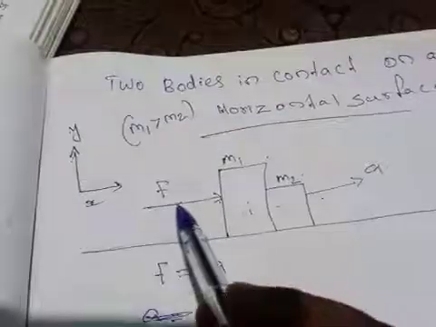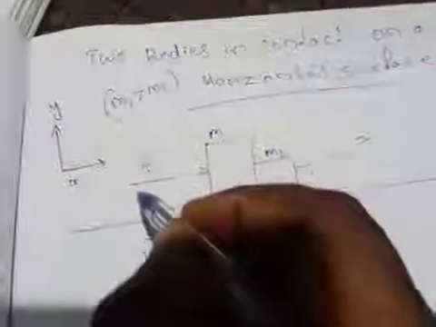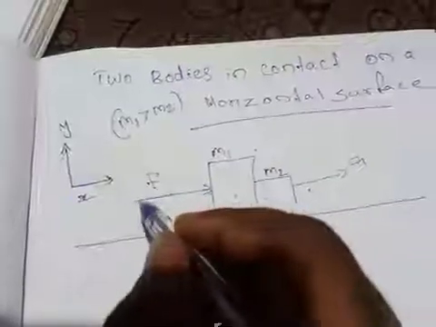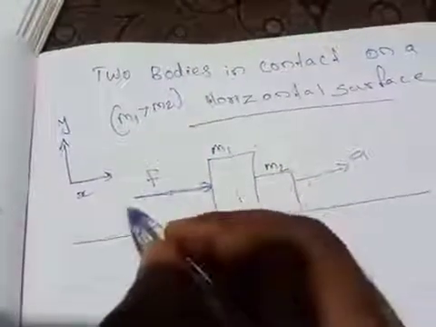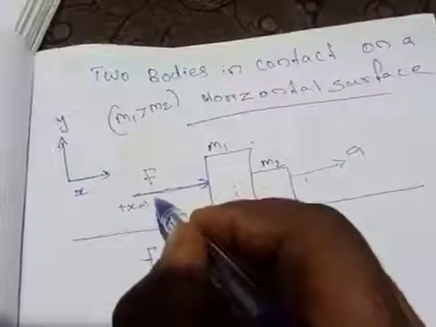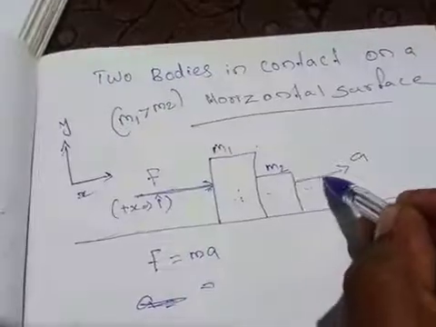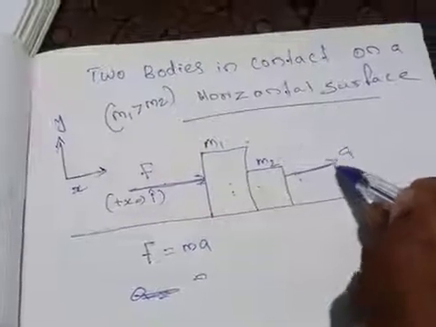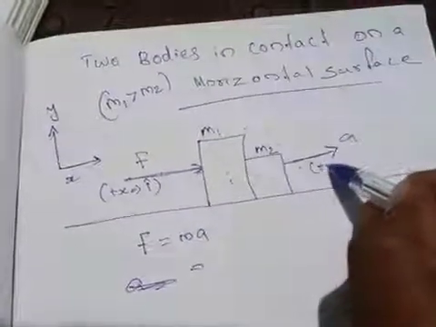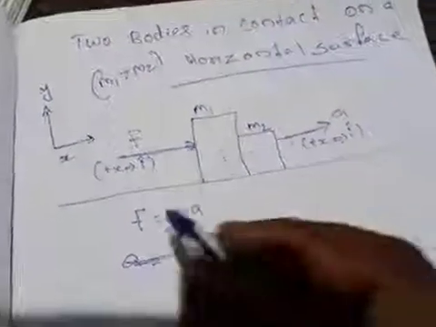We are applying the force on the x-axis, positive x-axis, so use the i unit vector, and because of that force, the acceleration is also in the same positive x direction.